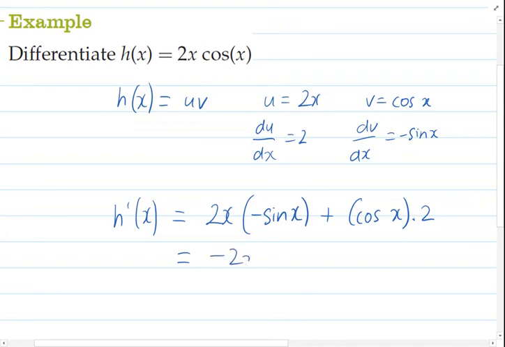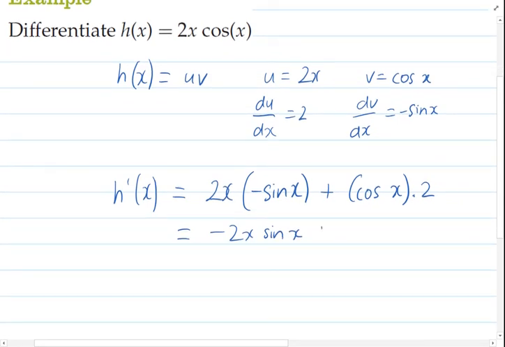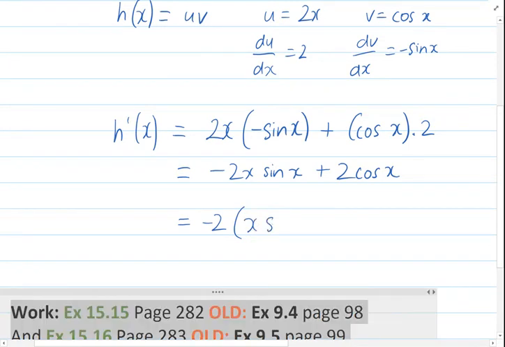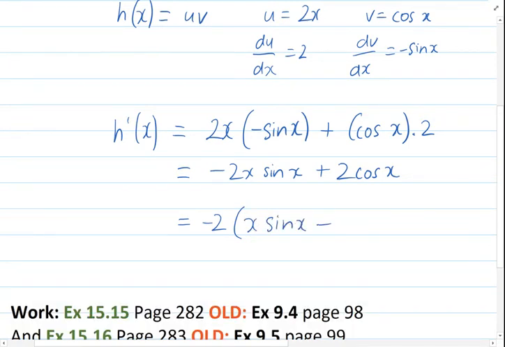Okay, so let's tidy things up. So we've got negative 2x sine x plus 2 cos x, and we could factorize that, I suppose, if we wanted to, and we could have negative 2 bracket x sine x minus cos x.